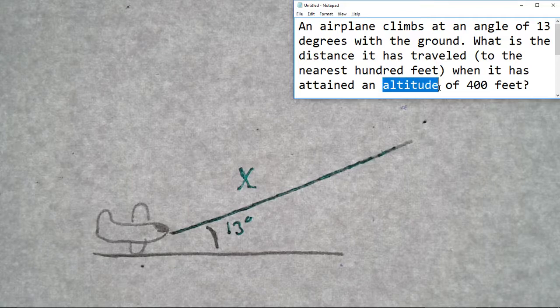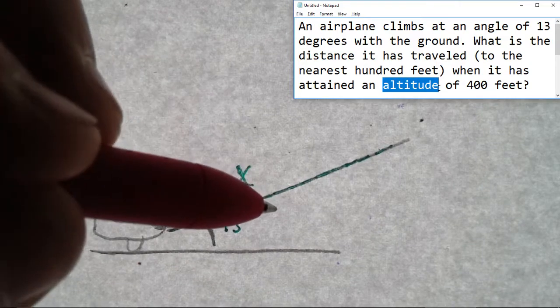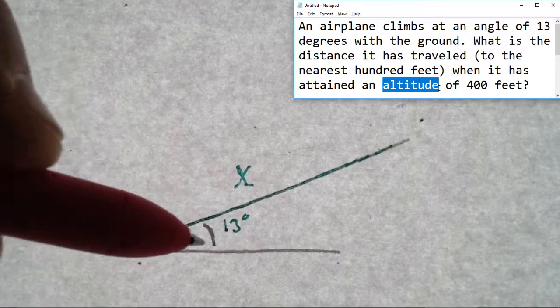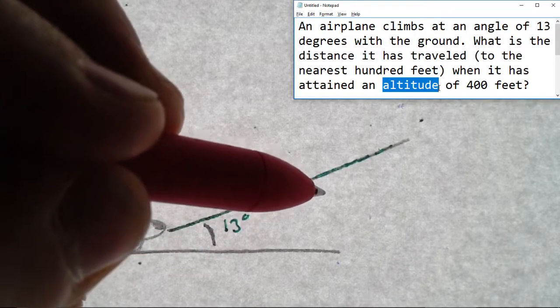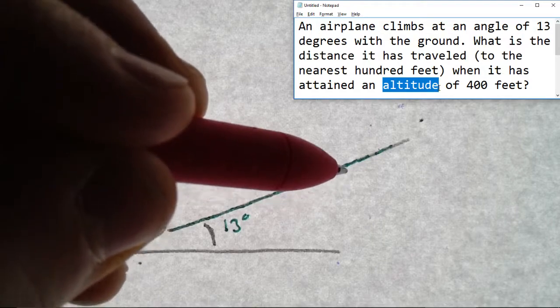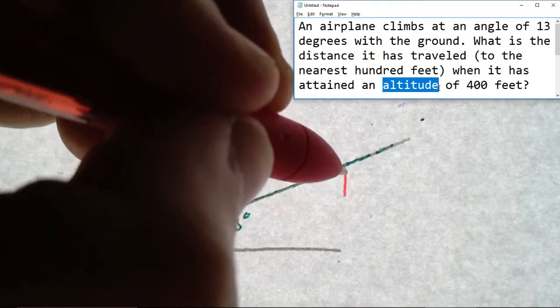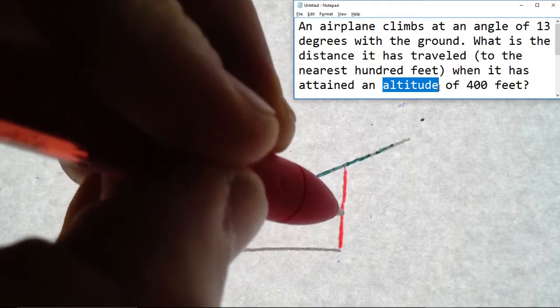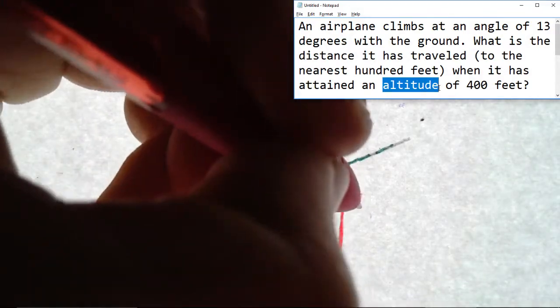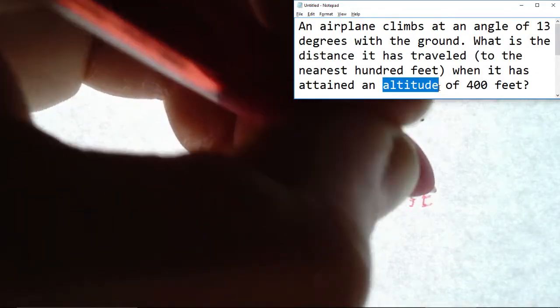Altitude just means height. It's how high I've gone. So that's asking for not how far along the ground I've gone, but I want to see what my distance is once I've attained an altitude of 400 feet over here.